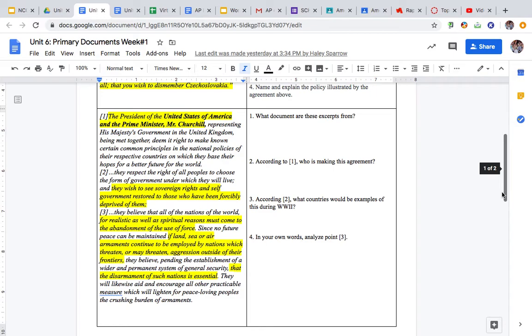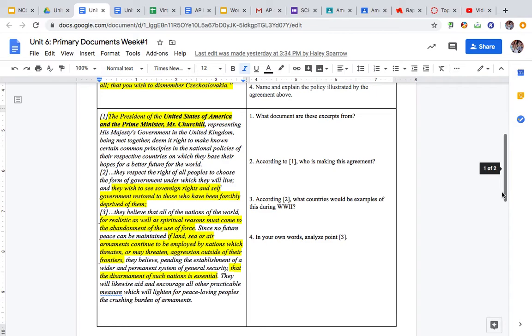They respect the right of all peoples to choose the form of government under which they will live, and they wish to see sovereign rights and self-government restored to those who have been forcibly deprived of it. They believe that all of the nations of the world, for realistic as well as spiritual reasons, must come to the abandonment of the use of force.